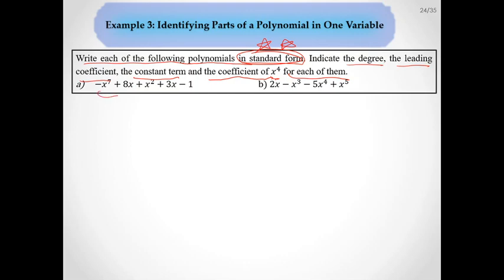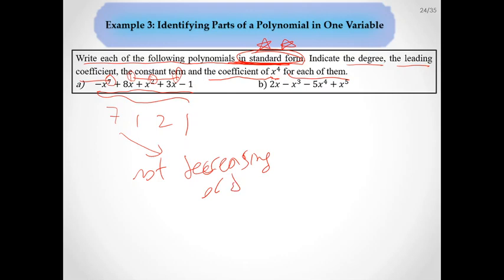Now let's look at this. First it says write it in standard form, so first check if it is in standard form. Look at the powers here: 7, 1, 2, 1. It's not in decreasing order, so it's not in standard form.